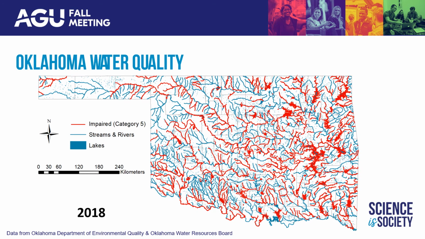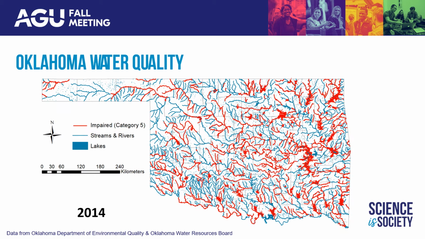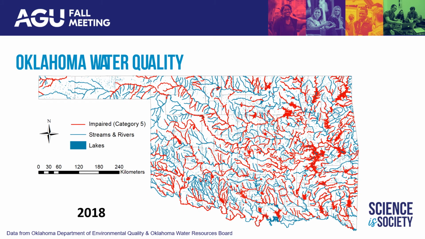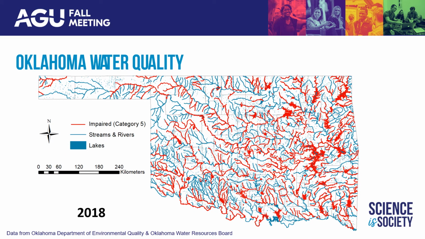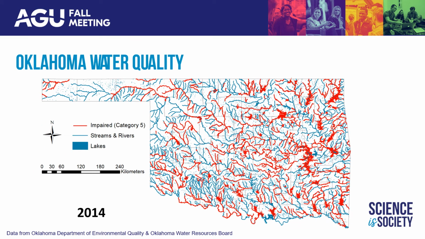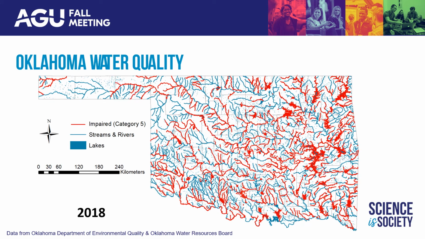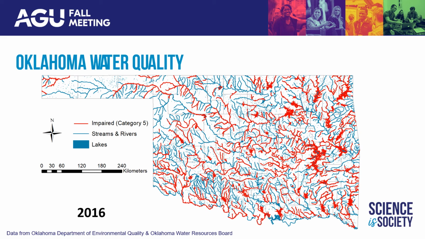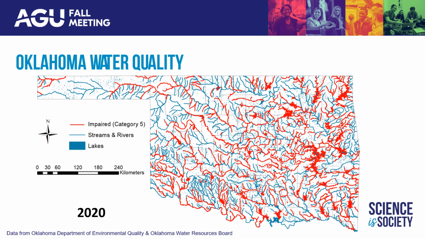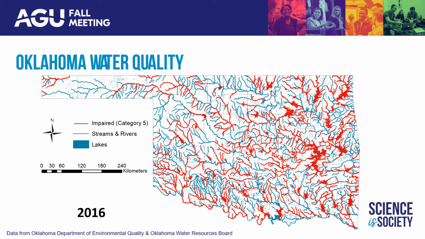And so through this GIF, we're seeing the impaired segments of surface water systems change over time in 2-year increments, just because a water quality report comes out every 2 years in Oklahoma. And so using this as background information allowed us to sort of target areas to focus on for metal analyses.